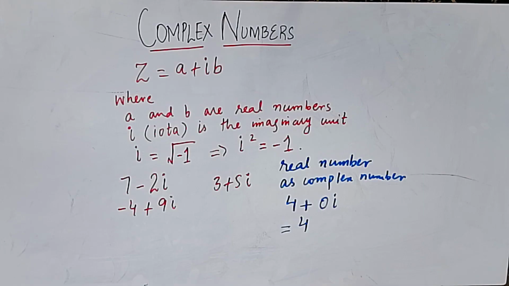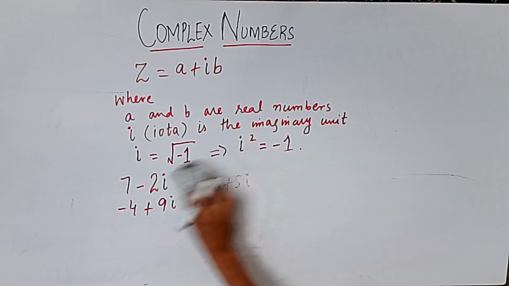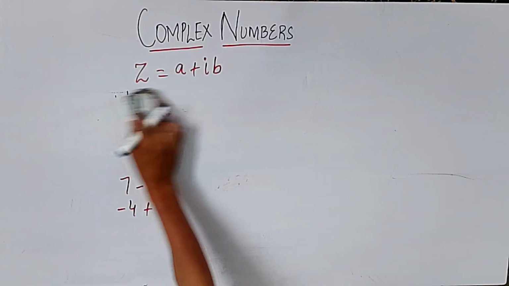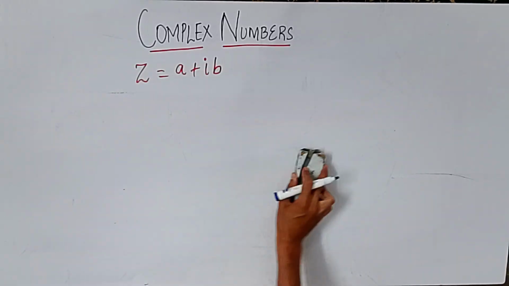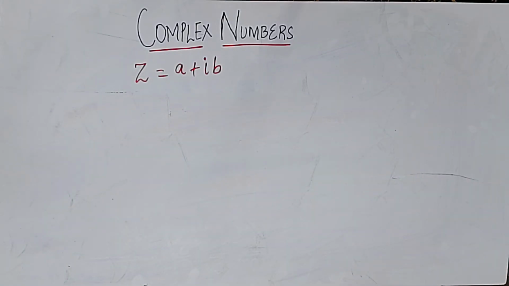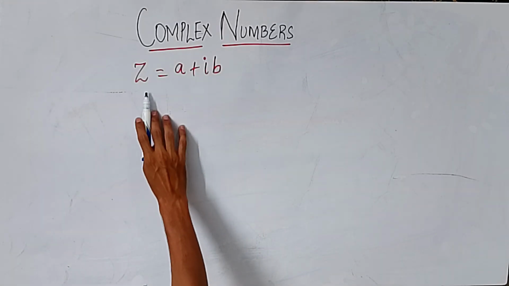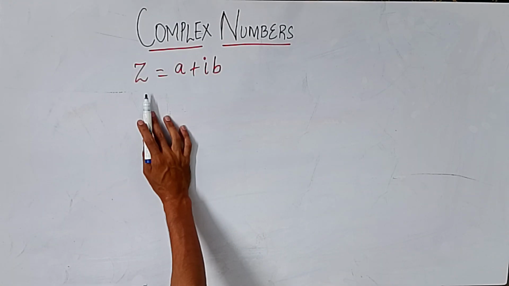Now, as I have discussed with you, in a complex number there is a real part and an imaginary part. Let's take an example to understand the real part and imaginary part of a complex number. So first of all, the general way of writing the complex number is over here.